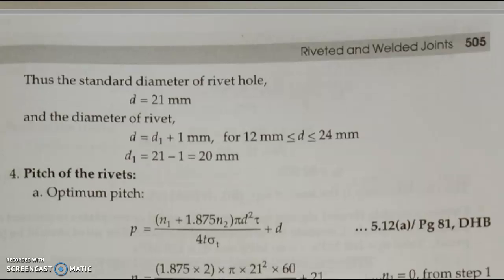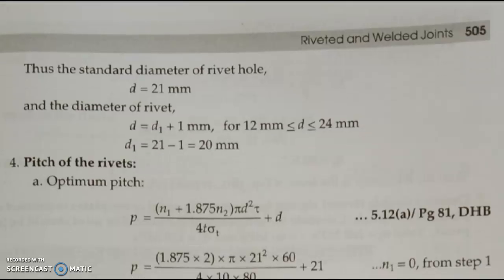Then we have to convert it into standard using the table. Thus we will get D is equal to 21 mm. Then the diameter of the rivet will be less than the hole diameter, that is 21 minus 1, equal to 20. That is the conclusion of the third step.